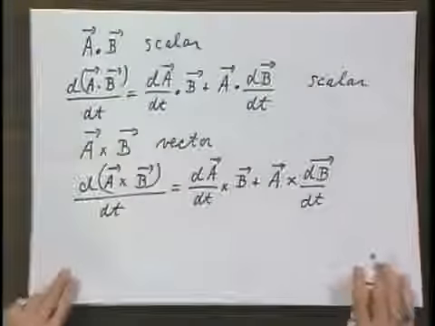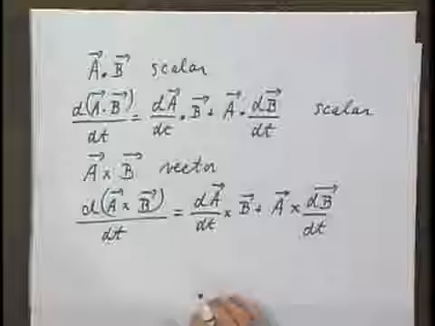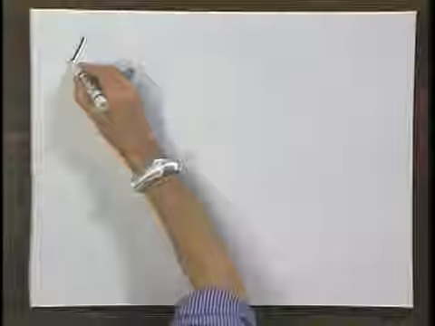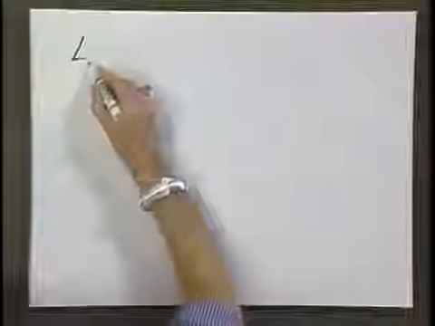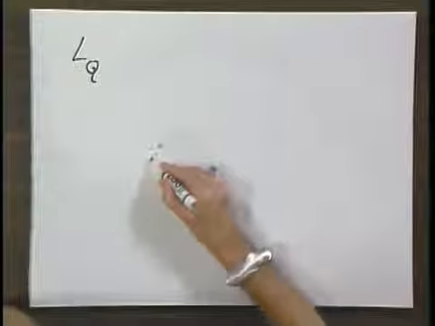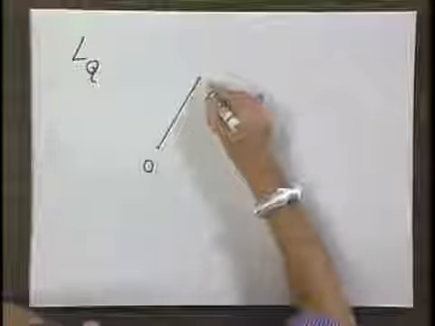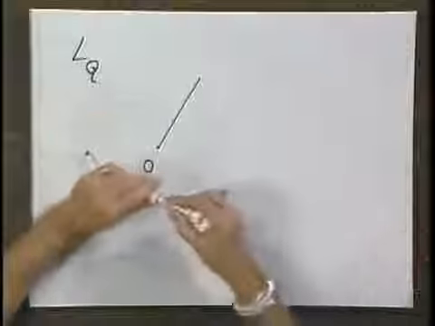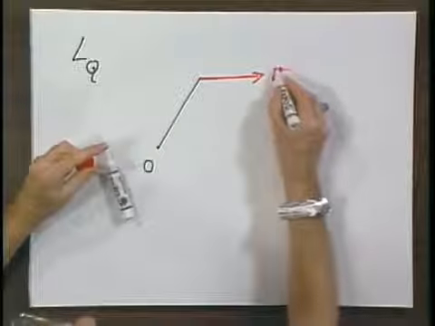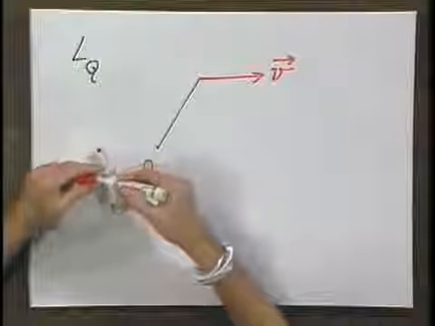I can give you an example of a cross product and take the time derivative. The angular momentum relative to point Q of a moving object. Here is point Q, and here is an object with mass m that is moving with velocity v.